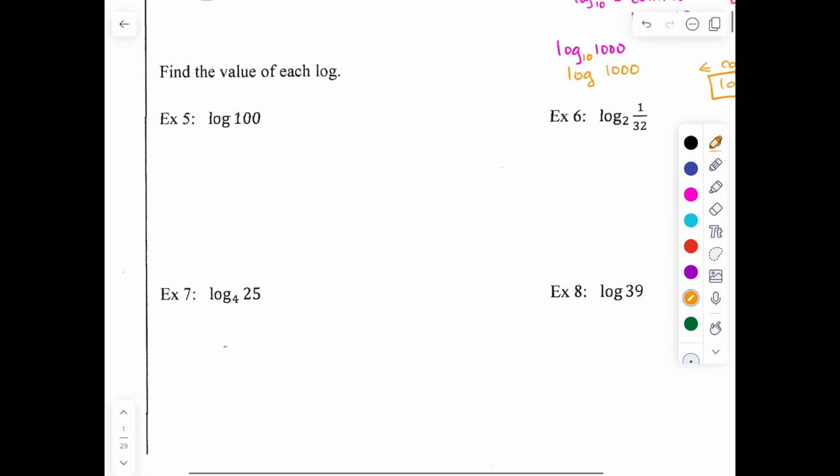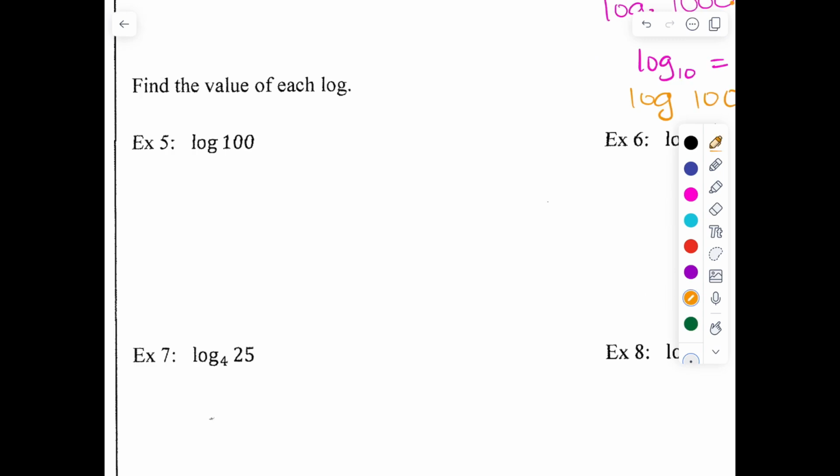Okay, so let's start using these ideas to find the values here. All right, let's move on. Find the value of each log. To find the value of each log, we know it has to equal something. So we know log with no base is log base 10.